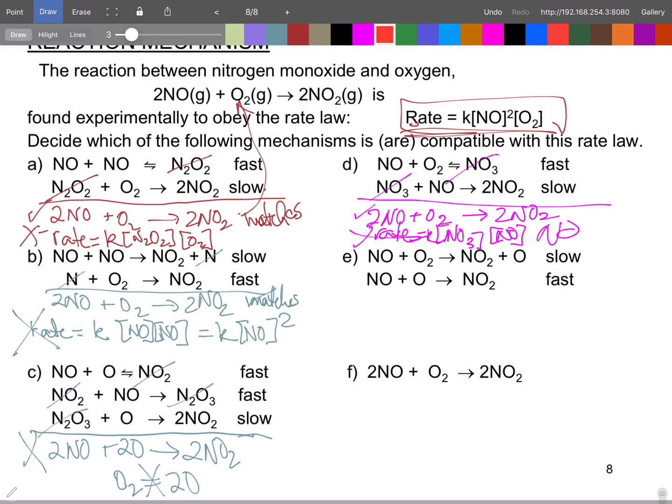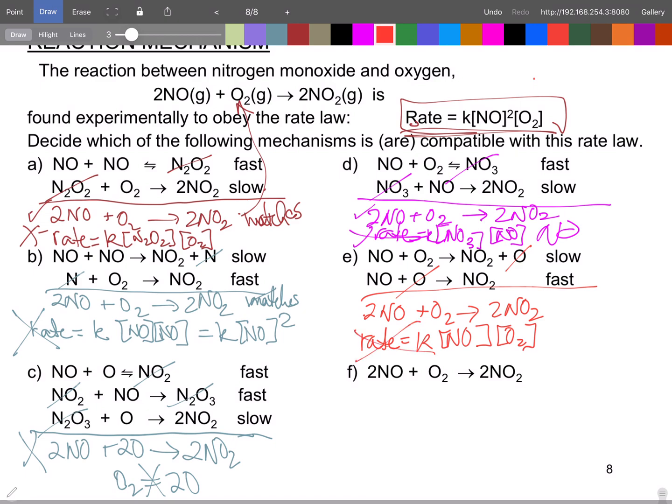So here we go again. The O's cancel, so we have 2NO plus O2 yields 2NO2. And our rate is equal to k times NO. Hey, this is looking pretty good, times O2. So we have NO and O2, but according to our rate law, we need 2 of the NOs.